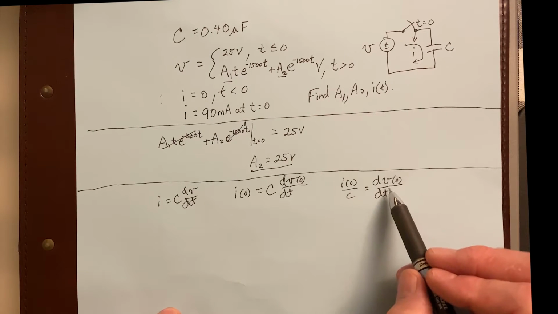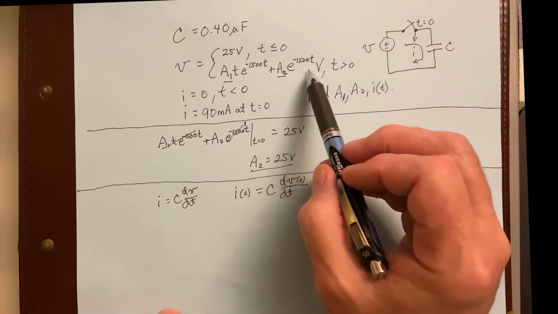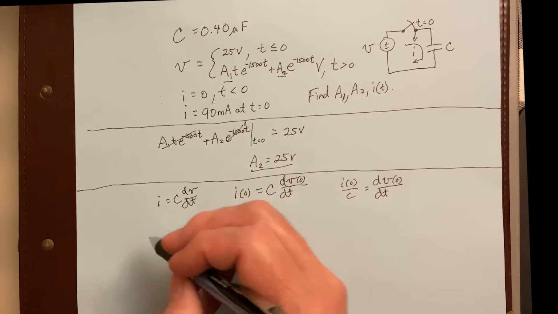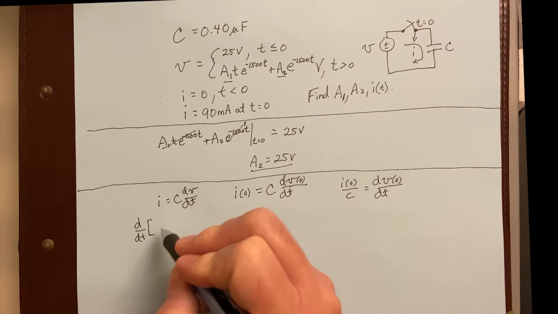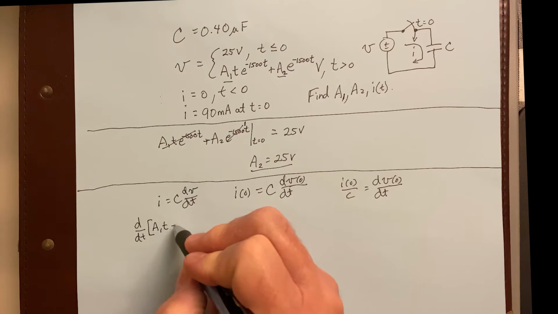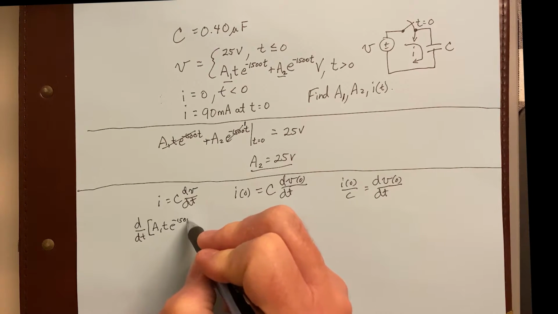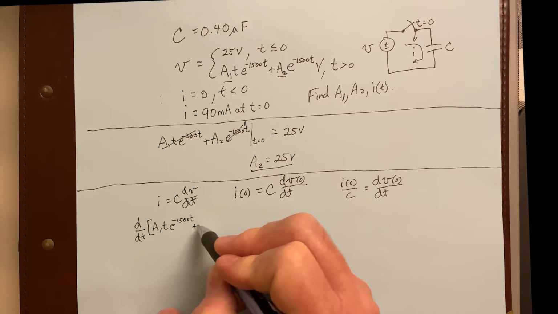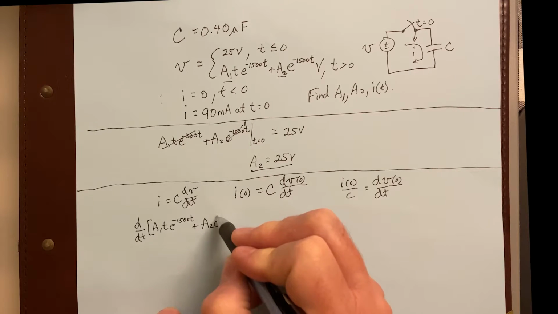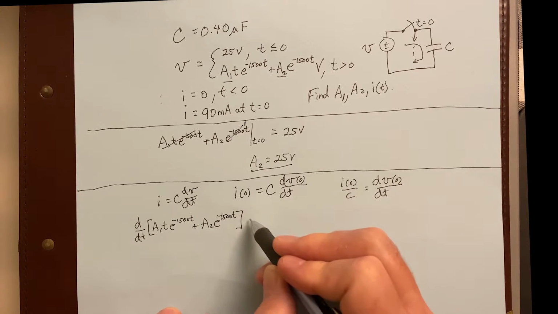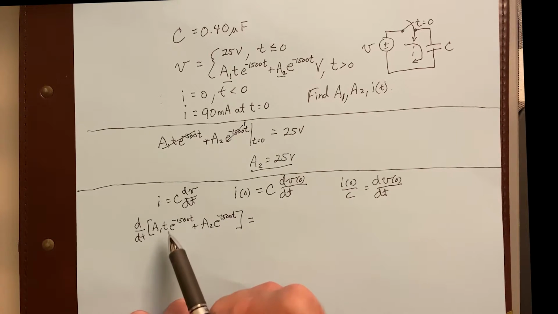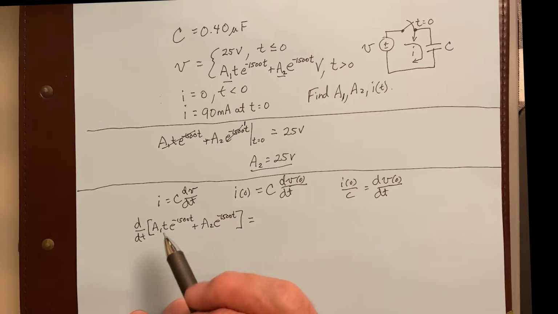Okay, so we need to take the derivative of the voltage function with respect to time. So the derivative with respect to time of A1t e to the negative 1500t plus A2 e to the negative 1500t. Now we've got a product here, so we're going to have to use the product rule.